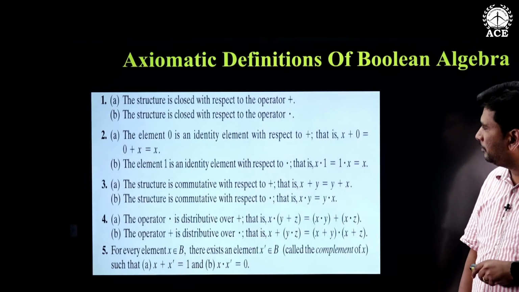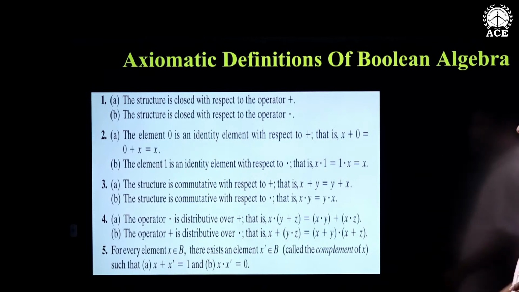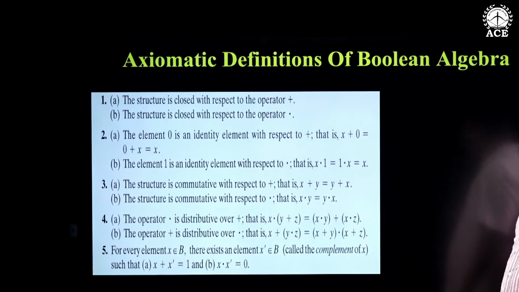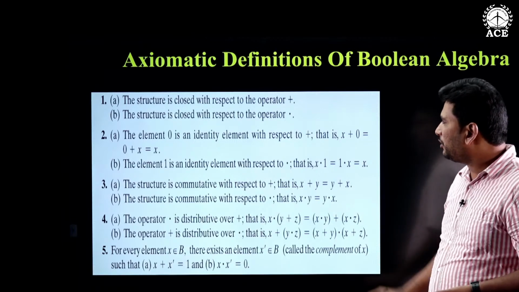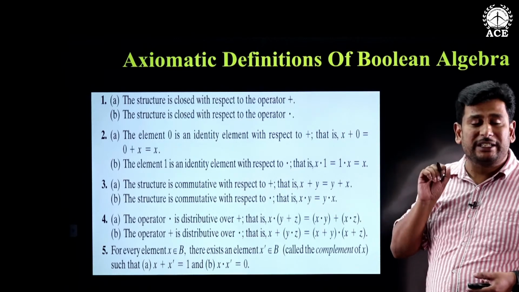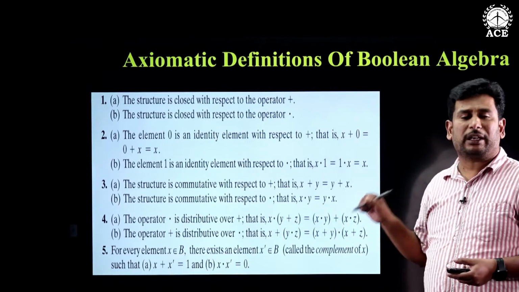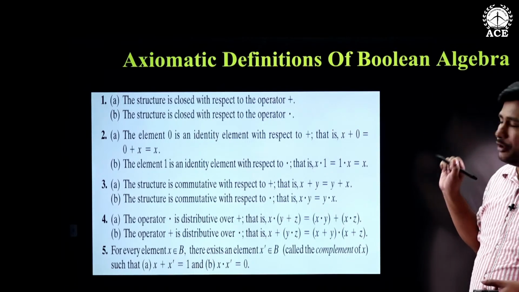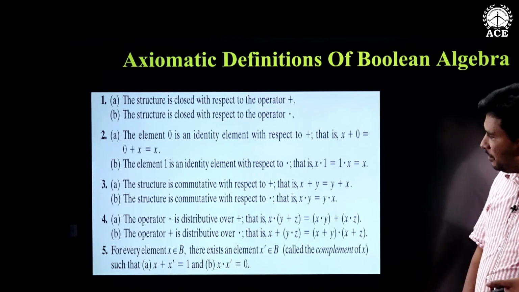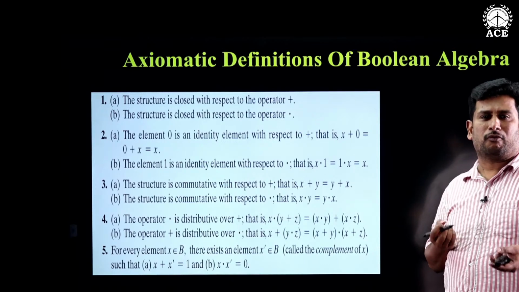Right. So in the case of Boolean algebra, what do we need to mention? For the closure property, the structure is closed with respect to the operator plus in Boolean algebra, which indicates OR, and dot in Boolean algebra applies for AND. So your structure is closed with respect to OR and AND operations. Then the identity element. If I have a variable X, what should I do?